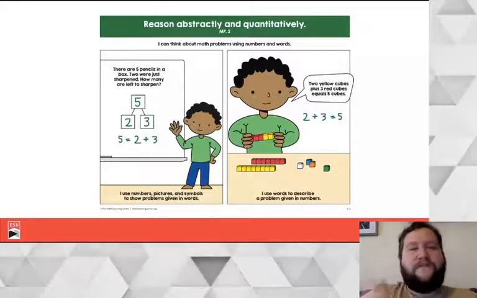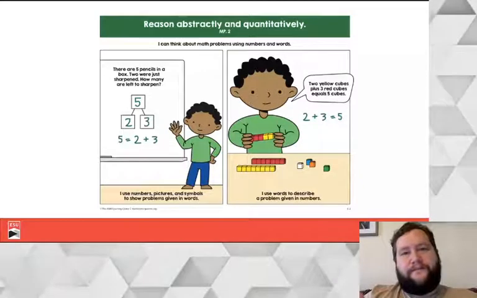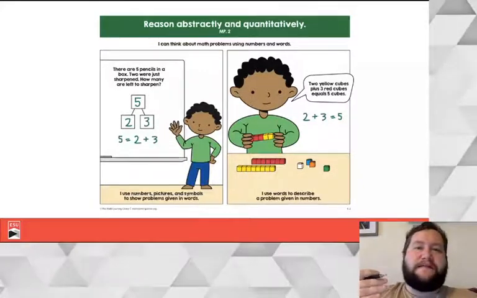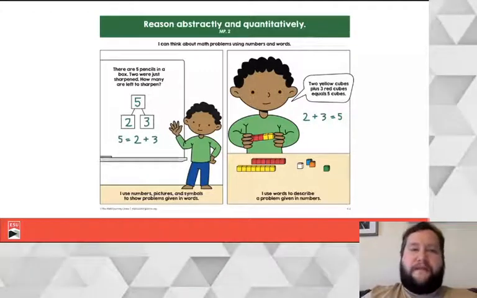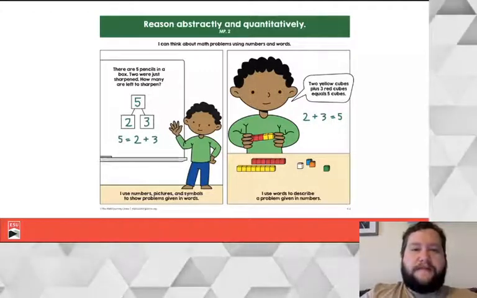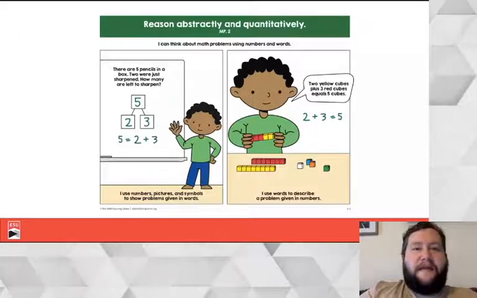Right, so regardless of the content we're looking at, what we see is these are the processes that undergird all of the mathematics. And so we can maybe reason abstractly and quantitatively.